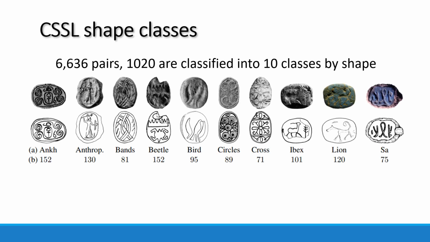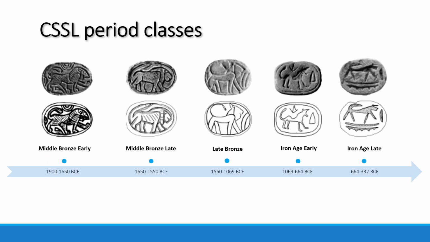Our dataset contains 6,636 pairs of drawings and images. 1,020 of them are classified by shape. 955 pairs are labeled by period, and 820 by sub-periods.